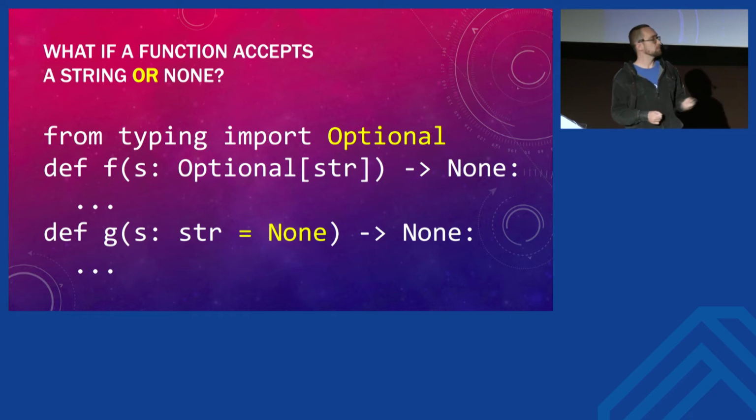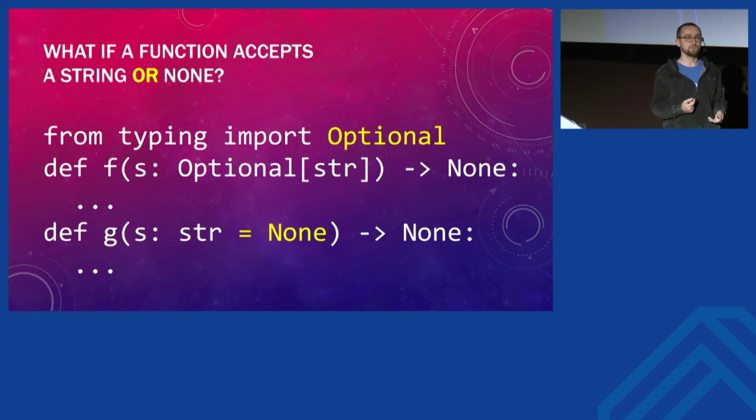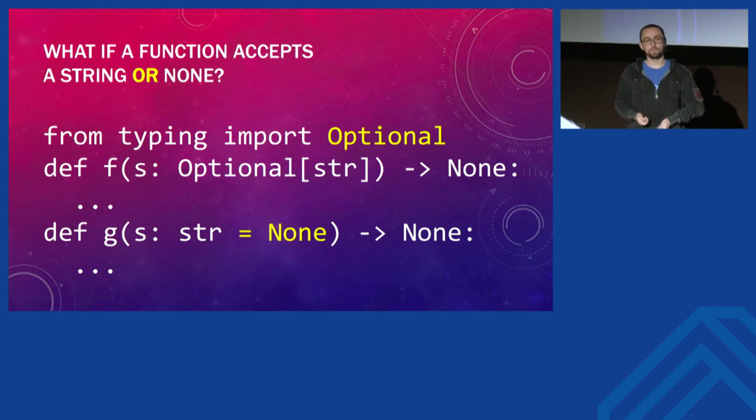People that are typing and looking at the type and not at the default value sometimes miss that it can be optional. And sometimes they don't understand that it's still optional and they say, why doesn't this generate an error? So this is likely going to be removed in Python 3.7 and you're going to get errors for that. But so far, yeah, that was one of the mistakes of PEP 484. I have to share this with you because you might see this in production later. But use the first variant. Explicit is better than implicit, right?